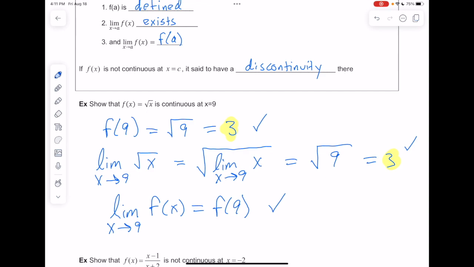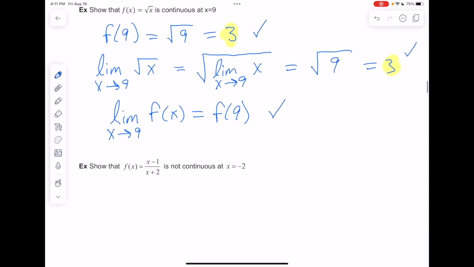So really that's the only piece you need, but in order to check that final piece, you need to see what the value of f of 9 is, which will determine whether it was defined or not, and you need to evaluate the limit, which you can only do if it exists. So you can only really make it to the third step if you make it through the previous two.